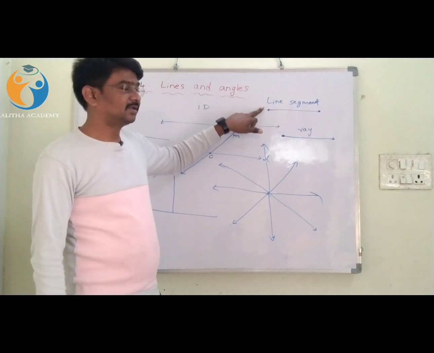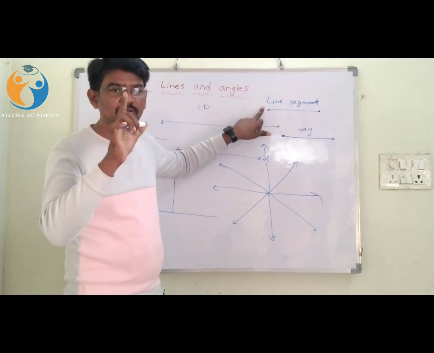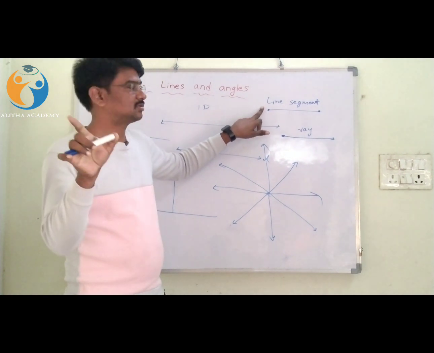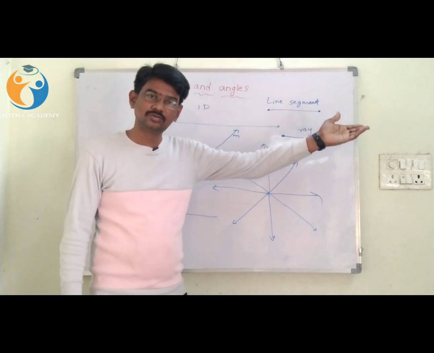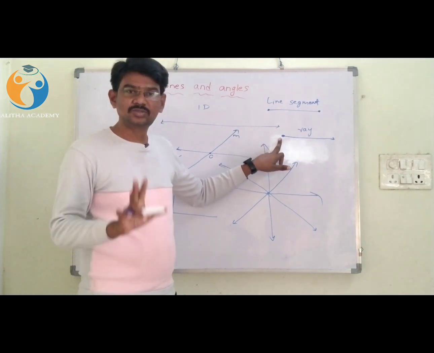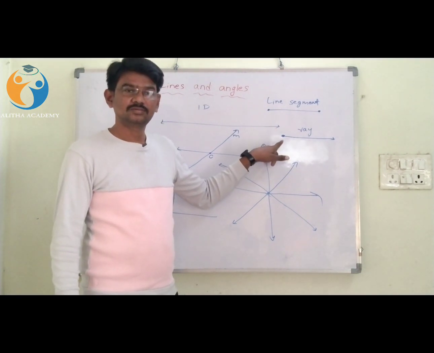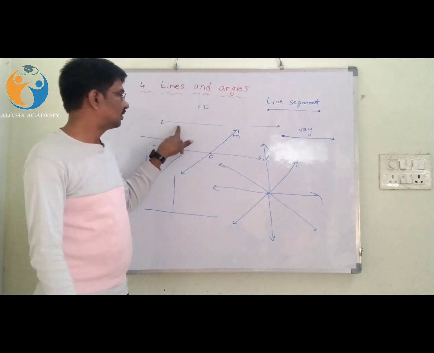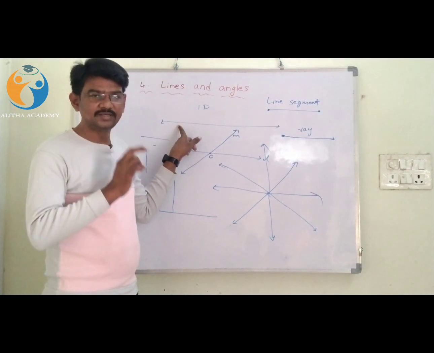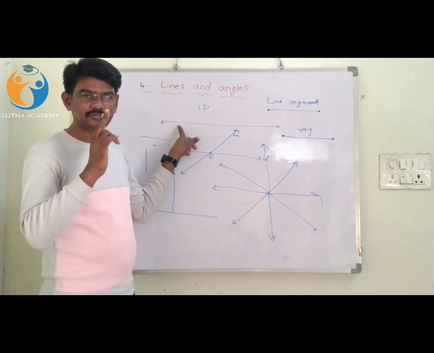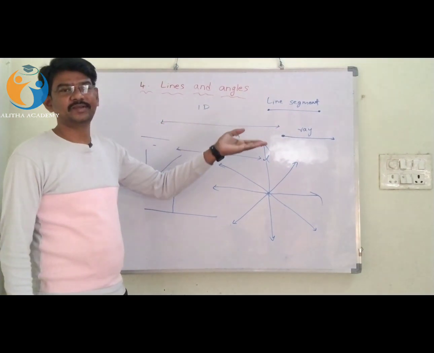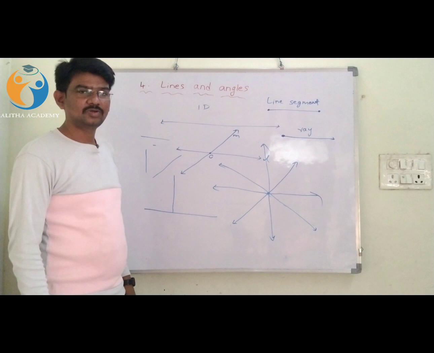Line segment has one end: false, a line segment actually has two ends. Ray has two ends: false, a ray has only one end. Line has two ends: false, a line has no ends.